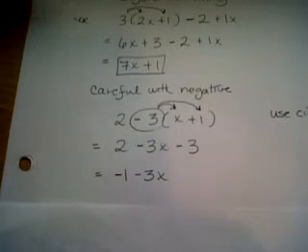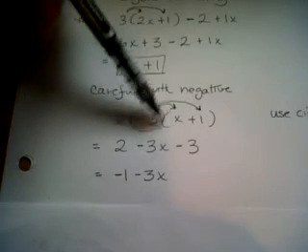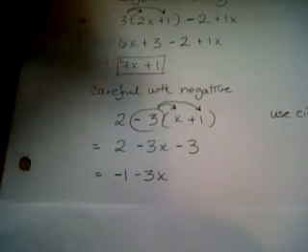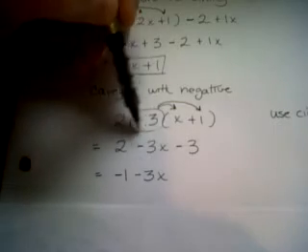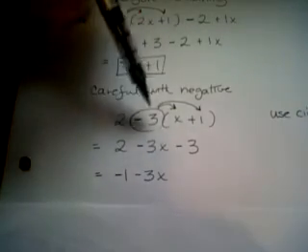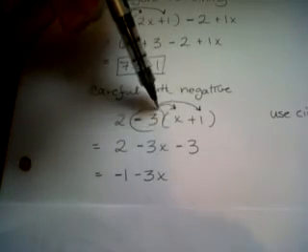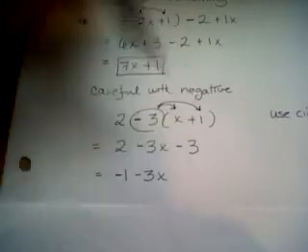Now you want to be careful with problems that have negatives. In this case it said 2 minus 3 parentheses x plus 1. One way to help you do this is to put a circle, and remember that the negative goes with the 3. When I use that distributive property, I'm going to distribute that negative as well. So it will get distributed to the x, and it will also get distributed to the 1.